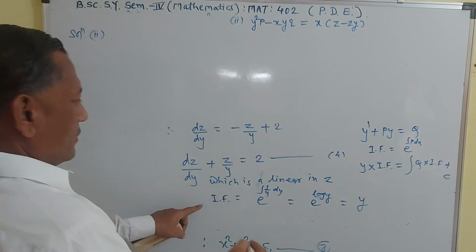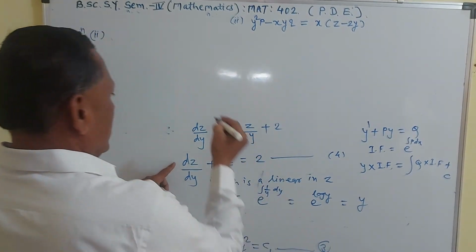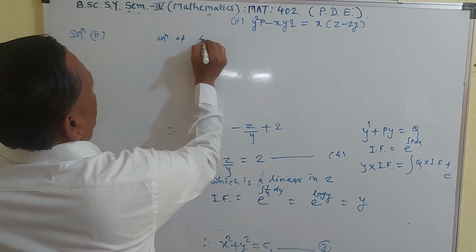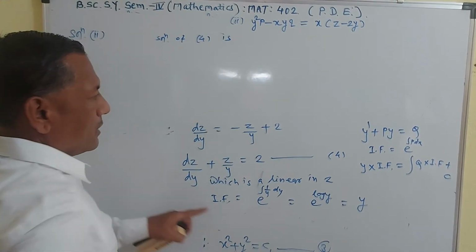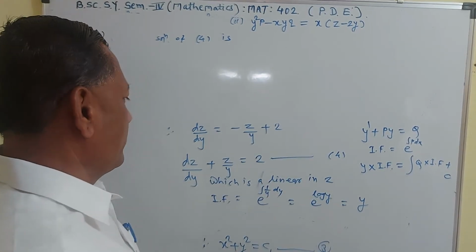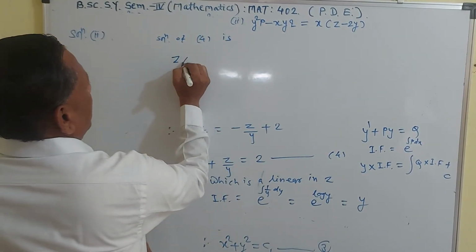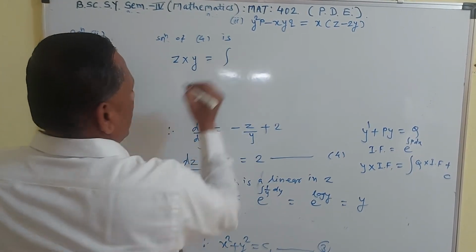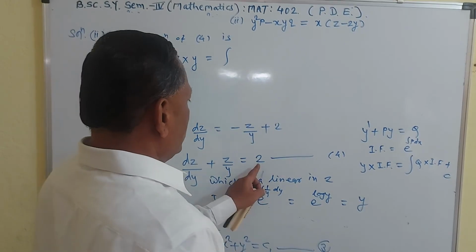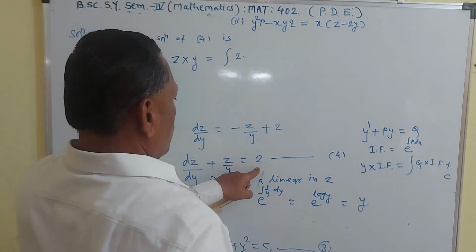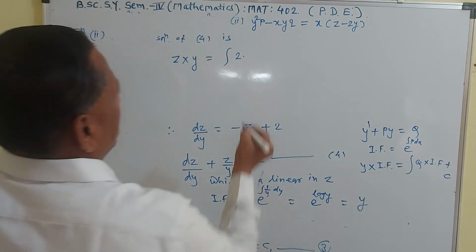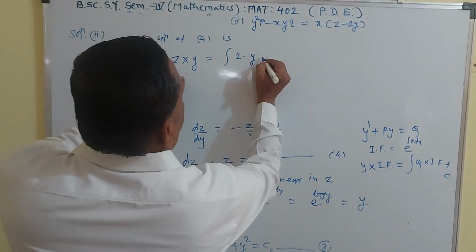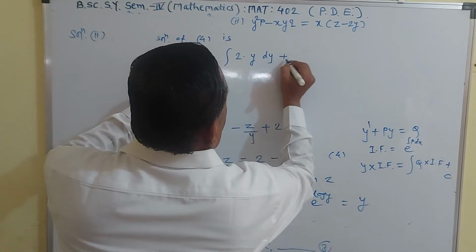Therefore the solution of this linear equation 4 is z times the integrating factor y, equal to the integration of Q, that is 2, times the integrating factor y dy, plus a constant of integration.